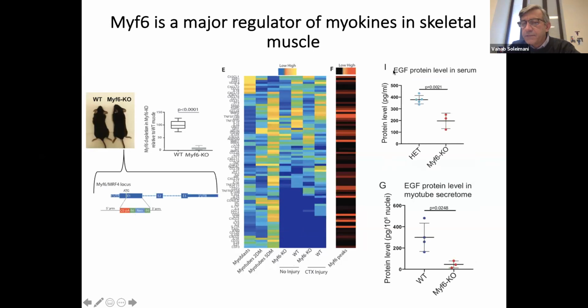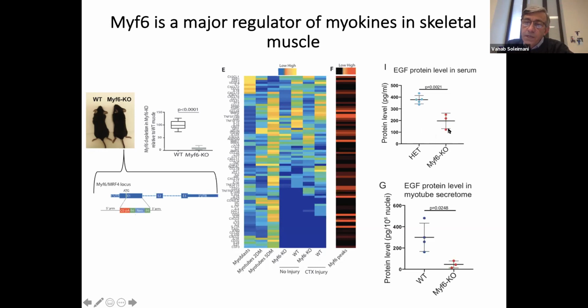So then we asked, is muscle or the myofiber the main contributor of the epidermal growth factor in the mice? Clearly here you have serum from the mice, and in the MIF6 knockout we have a significant reduction in the EGF level. This is very important because in the human body at least, there are 200 different cell types, many of which could be contributing to the expression of these secreted factors and their presence in the bloodstream.